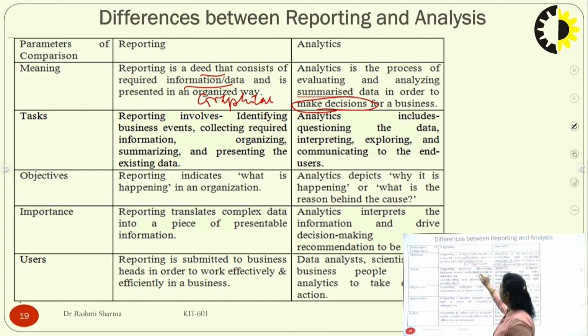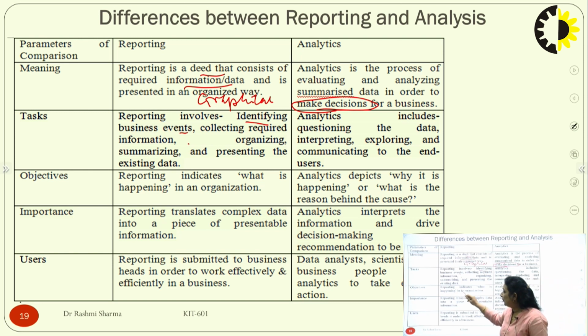Reporting involves identifying the events, collecting the required information, organizing, summarizing, and presenting the existing data. But analysis includes questioning the data, then interpreting, exploring, and communicating to the end users.